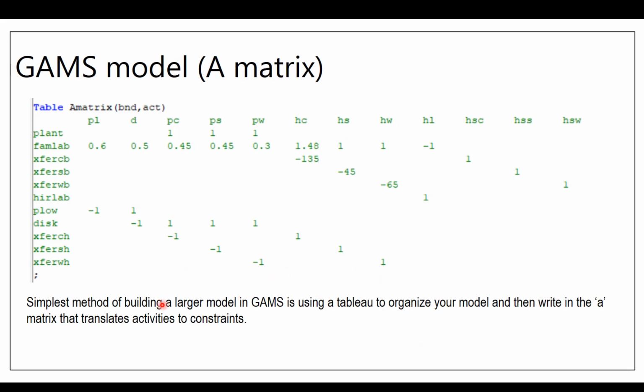The A matrix, so just like Excel, GAMS will ignore it if you leave a blank, and so this is the same tableau. I like to put all the activities and constraints into one big A matrix. It's a little easier than, you might be interested in building up matrices for planting and harvesting, or for the crop activities versus the hiring activities.